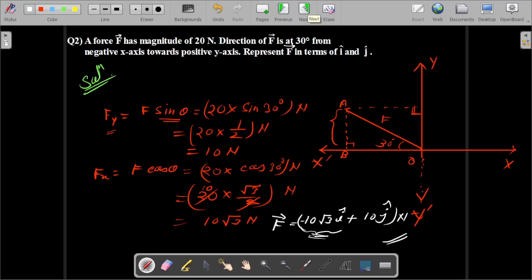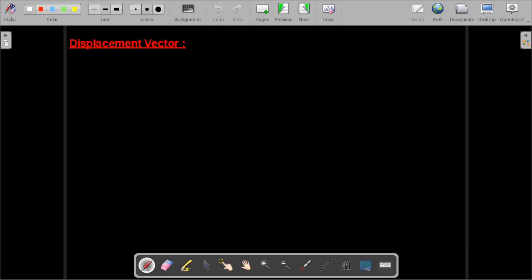Now come to another point, that is the displacement vector. Earlier we learned about position vectors, right? So this time we are going to learn about the displacement vector. And I mentioned one technique also earlier, so we are going to use that technique. Suppose this is three-dimensional space.